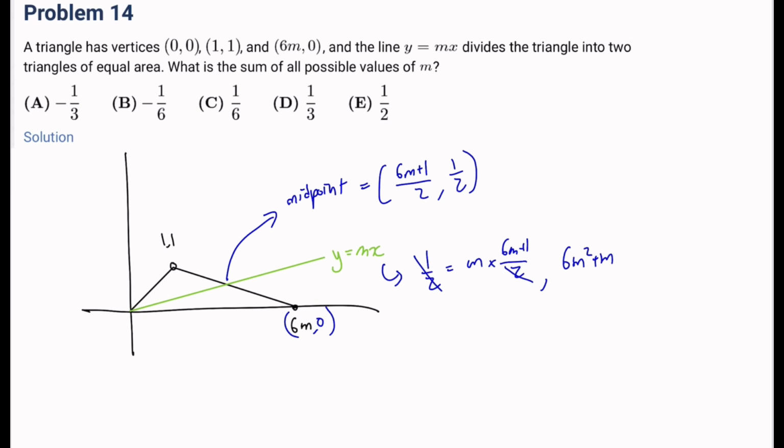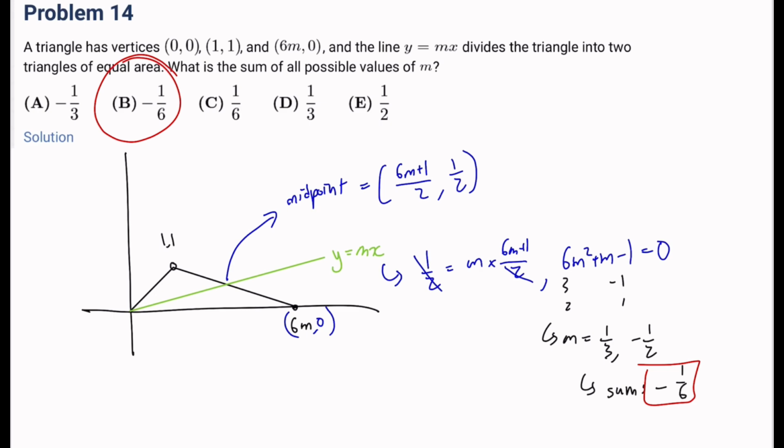And so 6m squared plus m minus 1 equals 0. Right, and so this factors with 1, 1, and then 3, 2, and so that will give us m equals 1 over 3 and negative 1 over 2, and these values both work, right? So their sum would be negative 1 over 6, and so this is the answer.